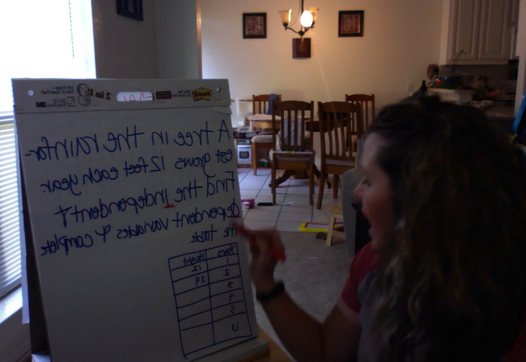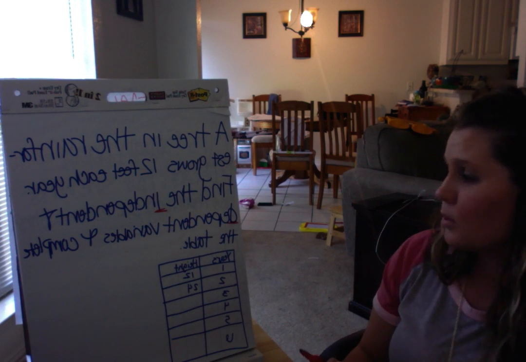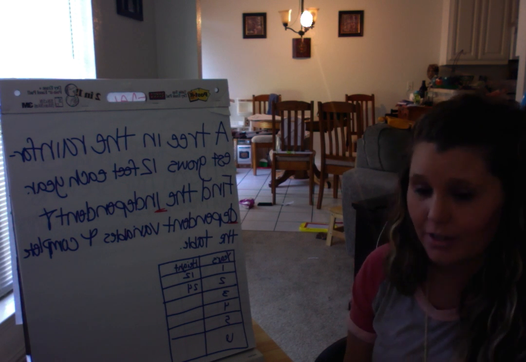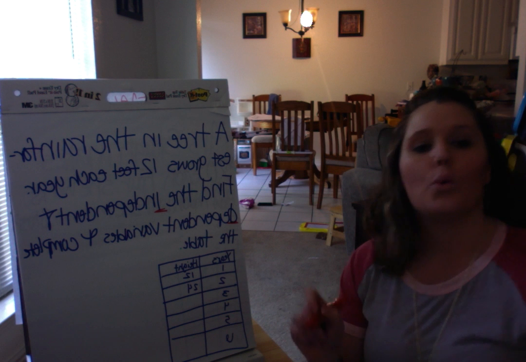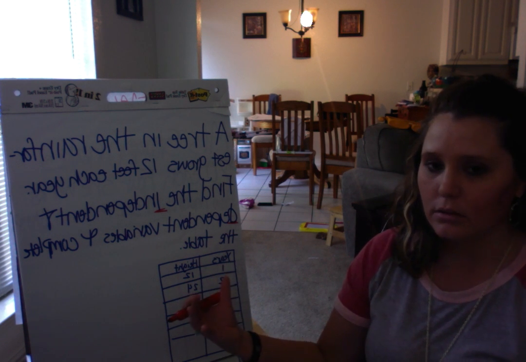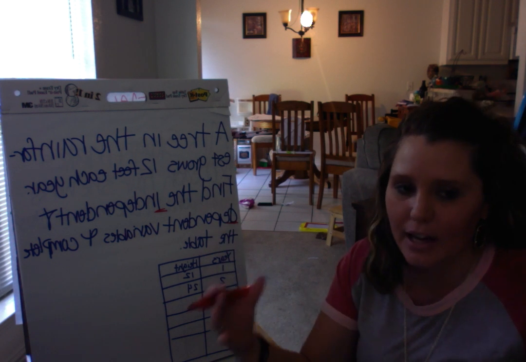So we have I and D. We know that we need to complete our table. We're talking about how much a tree grows each year. So which one would be the independent, standing alone, and which one would be the dependent, relying on other parts of the equation?